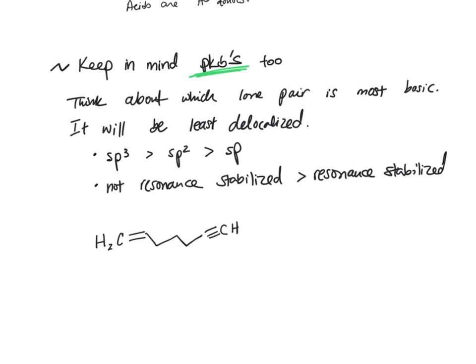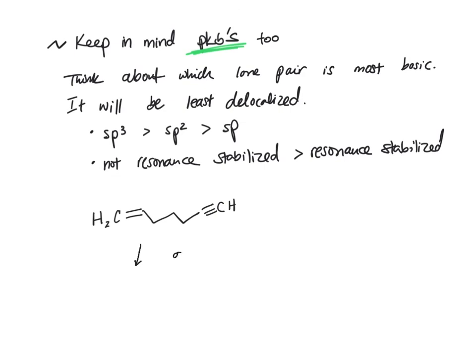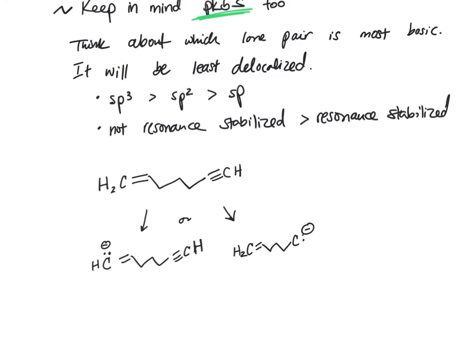If you take a simple molecule like this one, and you want to consider whether it's going to be deprotonated at the sp2 carbon versus the sp3 carbon, we know that, let's see, 1, 2, 3, 4, 5, 1, 2, 3, 4, 5.